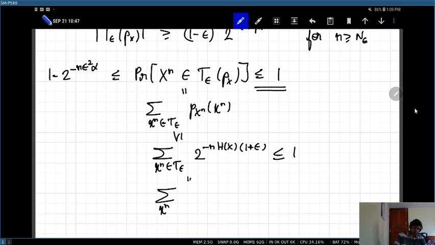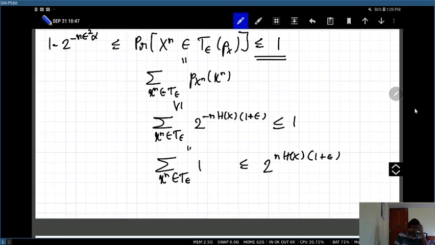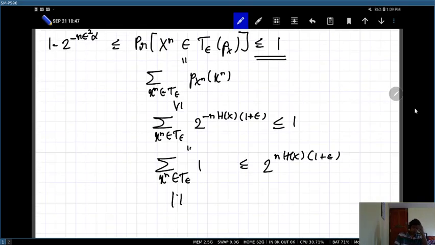So I can take the 2 to the minus n H(X) times 1 plus epsilon outside the summation and take it to the right. The size of T epsilon is less than or equal to 2 to the n times H(X) times 1 plus epsilon, right? But what is the left hand side equal to? This is simply the size of T epsilon, right?